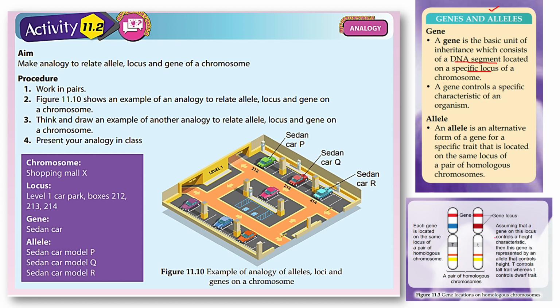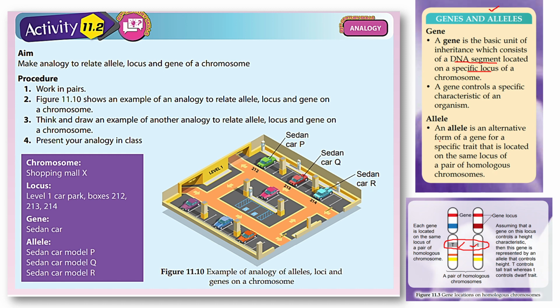For example, assuming that a gene on this locus controls the height characteristic, then this gene is represented by an allele, characterized by a letter that controls height. So a capital T and a small t. Capital T controls the tall trait, and that is the dominant trait, whereas the small letter t controls the dwarf trait.